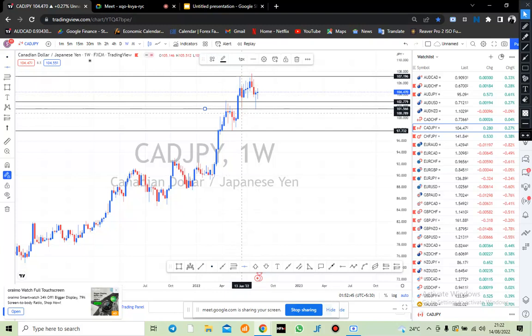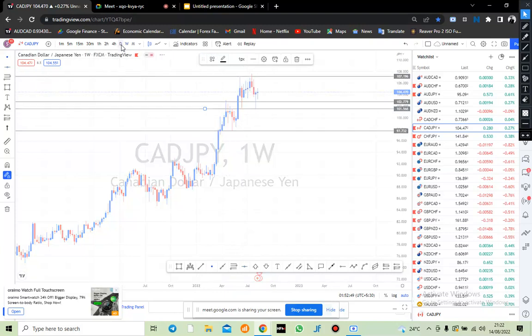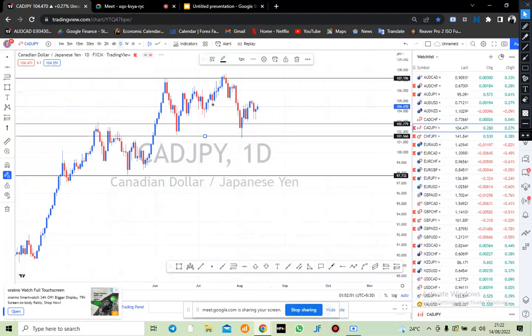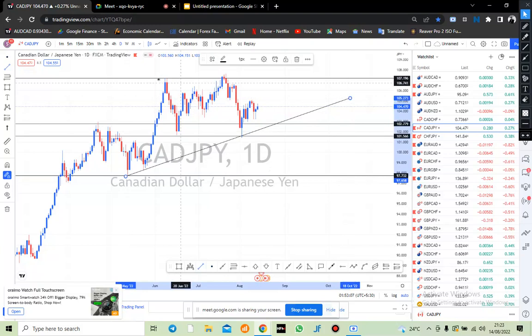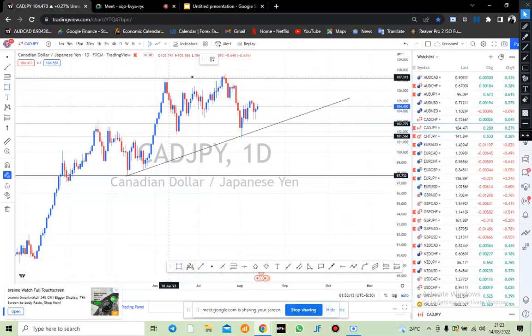Okay. So now switch to daily time frame. On daily time frame, I can see the swing lows here. So if I connect the swing low like this, then the resistance here is more like a resistance zone because we have two touches now.